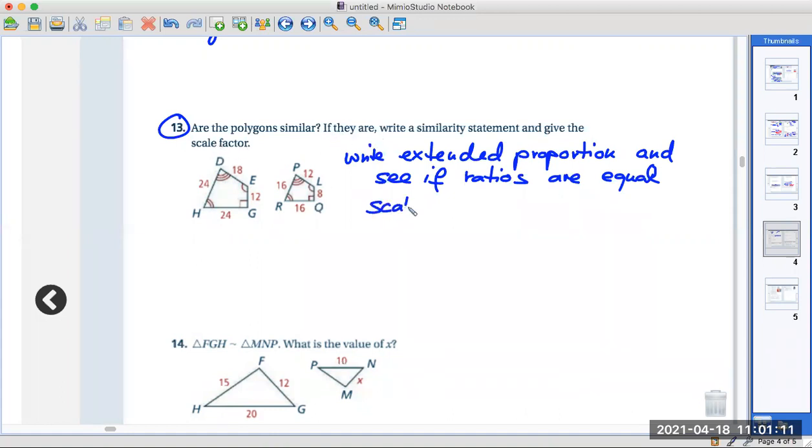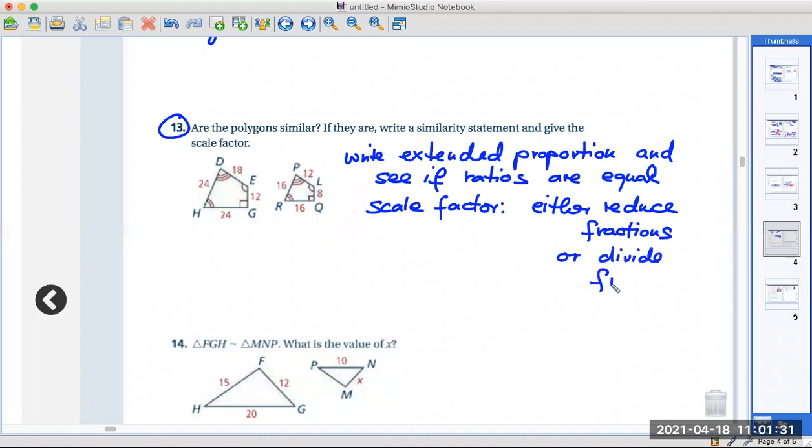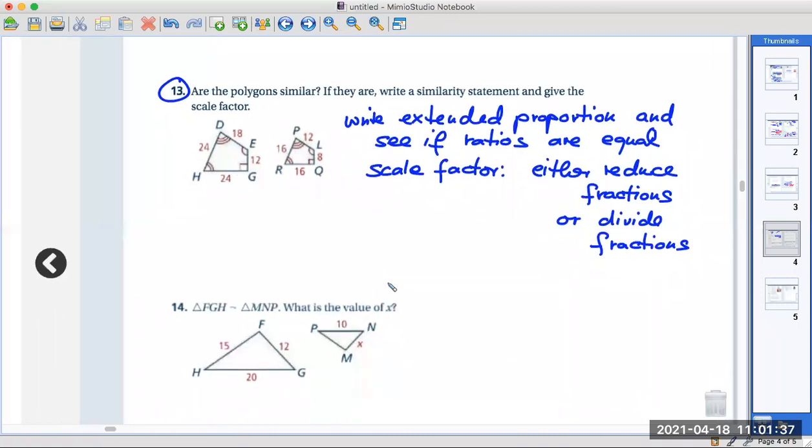For the scale factor, either reduce fractions or divide. Okay. So those are the two things.